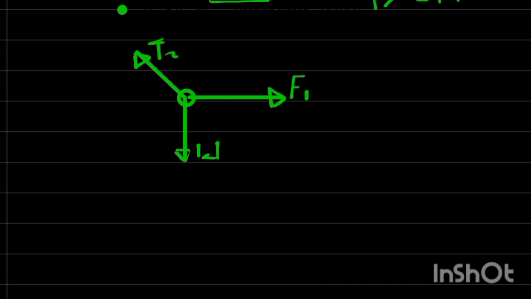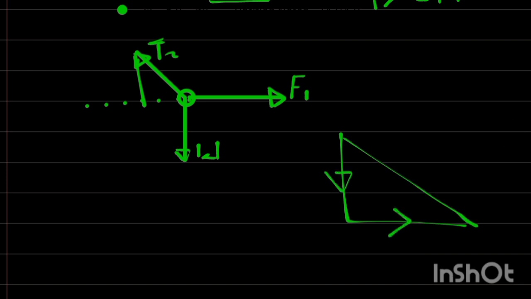I will start by doing it on the same diagram. I can extend this horizontal force backward and then transfer the weight back here. Then you can see that I have my triangle of forces like this. This is the weight, this is the horizontal force F1 and this is my T1.